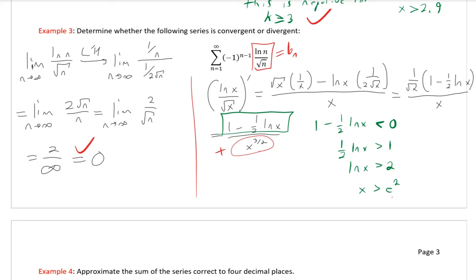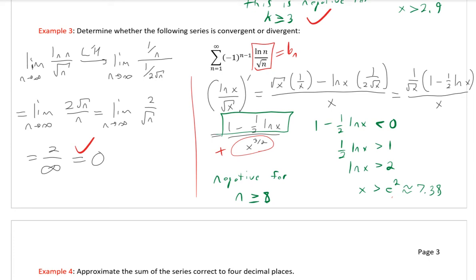If you do e to the second power, you get about 7 something, right? 7.38. Which means that this is true after the 7.38 term, or after n is greater than or equal to 8. So this is negative for all terms after the 8th one, and including.